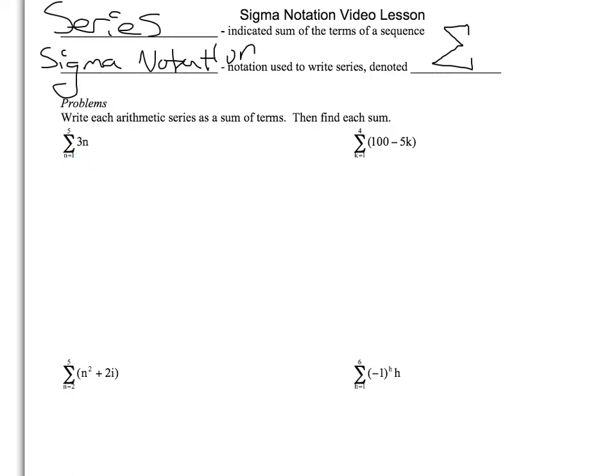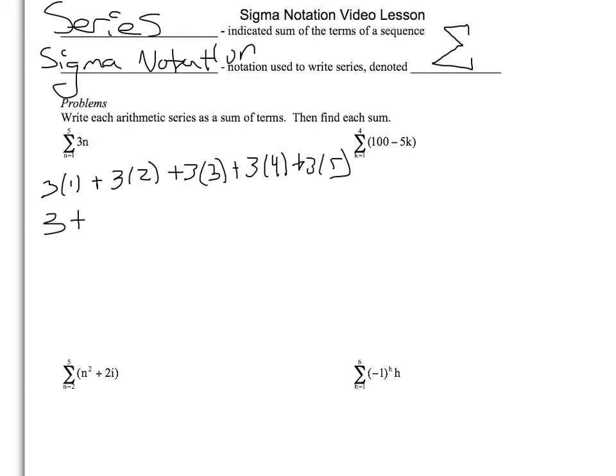So if I show my work, it would be 3 times 1 plus 3 times 2 plus 3 times 3 plus 3 times 4 plus 3 times 5. 3 times 1 is 3, 3 times 2 is 6, 3 times 3 is 9, 3 times 4 is 12, 3 times 5 is 15. Add them up and you'll get 45 as your answer there.